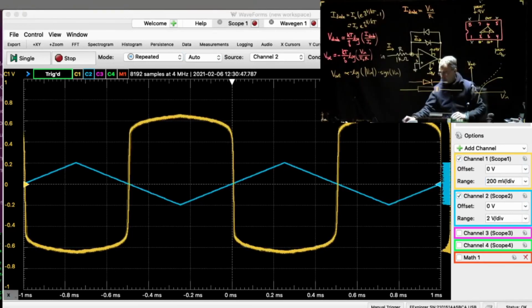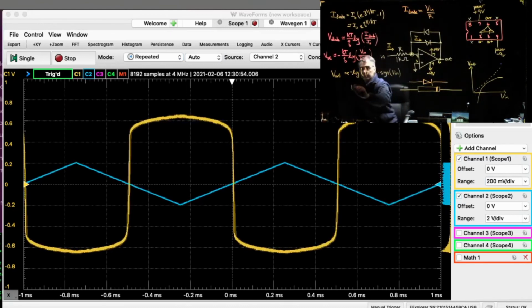So our diode current versus voltage curve sort of looks like what? Here's the diode current versus the voltage across the diode. It's 0 back here. We only have one diode, it's 0 back here, and then it turns on pretty quickly.